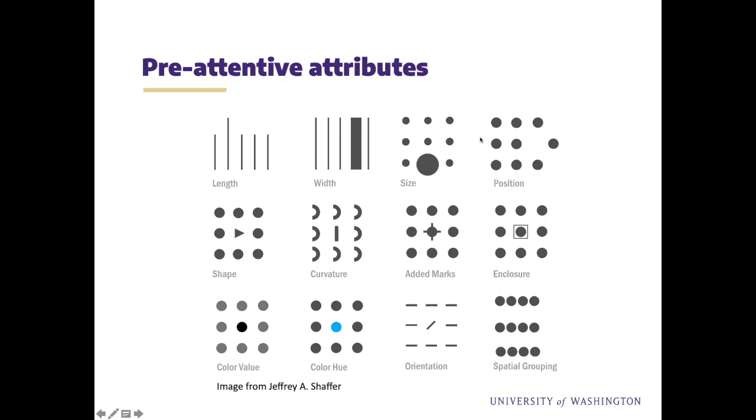You can also show changes in position, shape, curvature, add extra marks for emphasis, like in closure. You can also change color values and color hue to help emphasize attributes to particular points. Change orientation, as well as how things are grouped. And these generally are kind of the building blocks in which you encode different dimensions of your data.